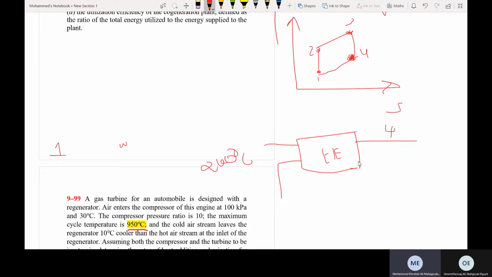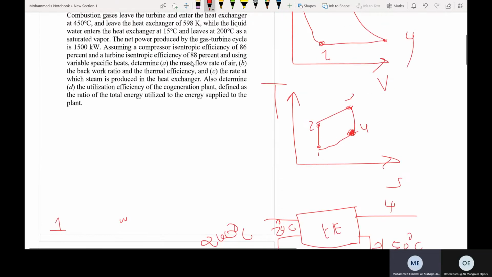And then here we insert water as the other fluid in the heat exchanger. Maybe it's going to have a low temperature, maybe 20 degrees Celsius, and we can generate steam. So we can have here an outlet of water at 150 degrees Celsius, 200 degrees Celsius, whatever.